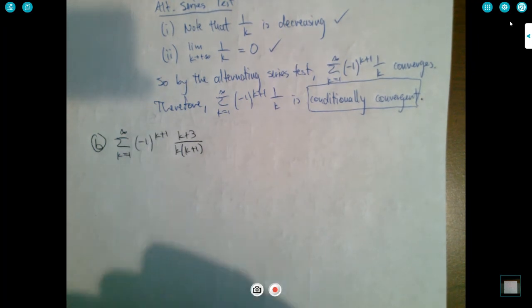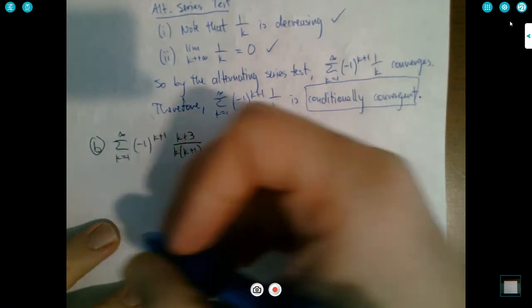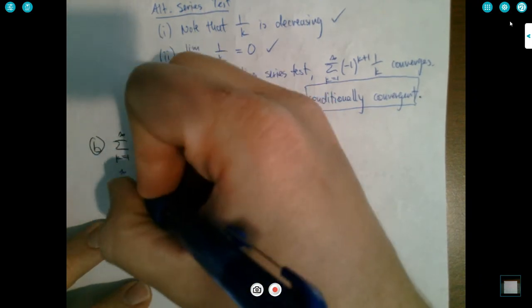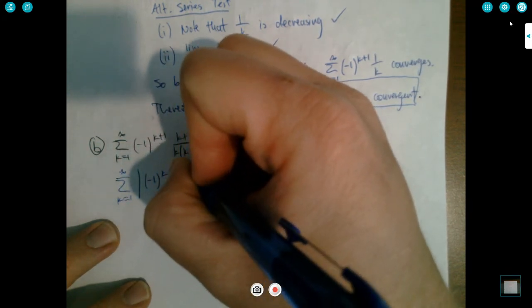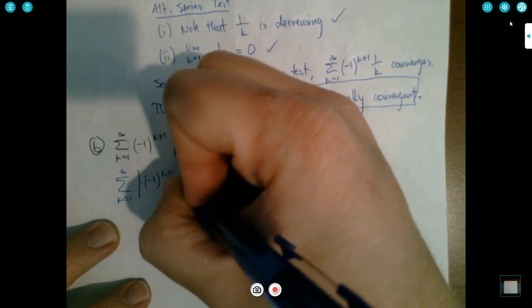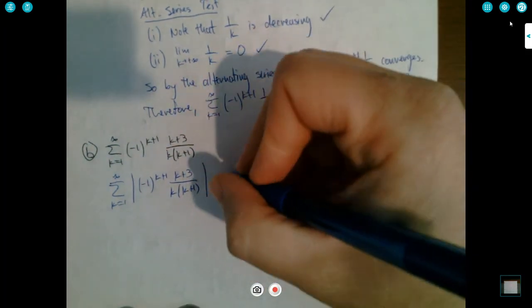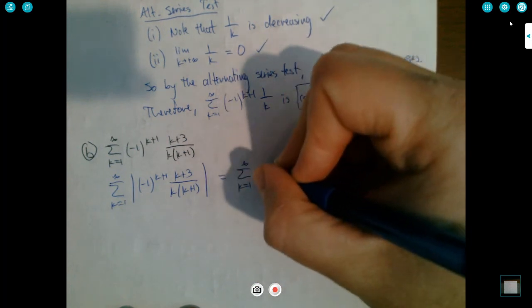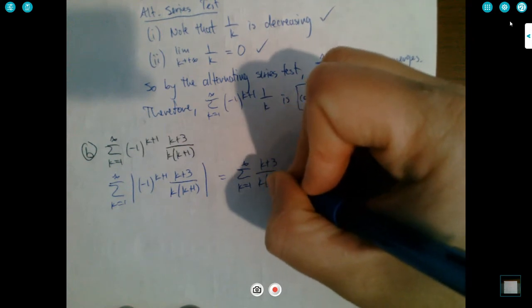So, if we look at the absolute value here, then we just get the sum from k equals 1 to infinity of (k + 3) over k times (k + 1).